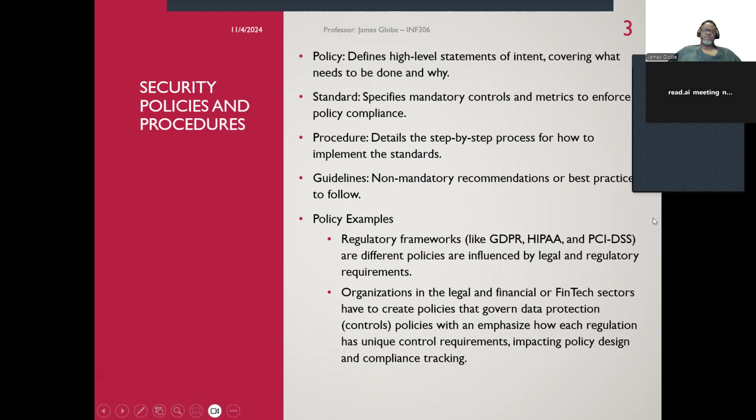Other policy examples could include, but are not limited to, regulatory frameworks such as GDPR, which centers around European data privacy, HIPAA around medical patient privacy, PCI DSS for financial transaction and payment security, and different policies are influenced by legal and regulatory requirements.